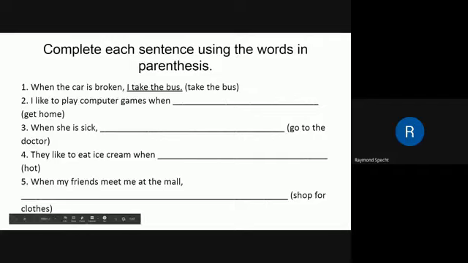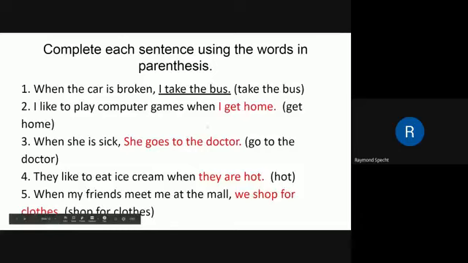All right. Hopefully everyone found this pretty easy. Let's take a look at the next slide here, and we'll go over the answers for these. We already did number one. The phrase we wanted to use was "take the bus." When the car is broken, I take the bus. So what's underlined here?